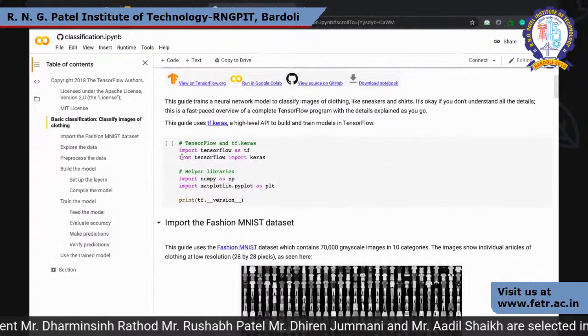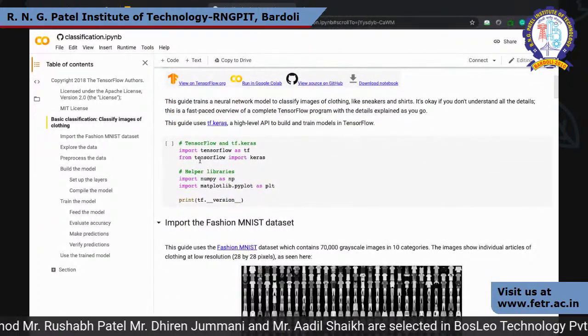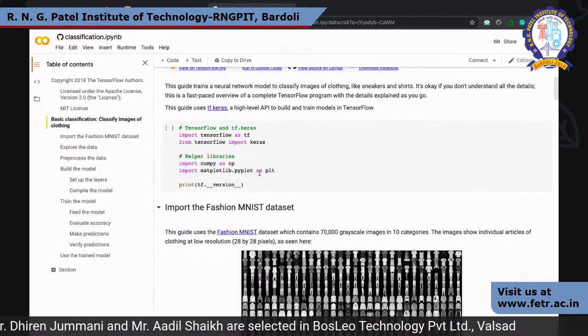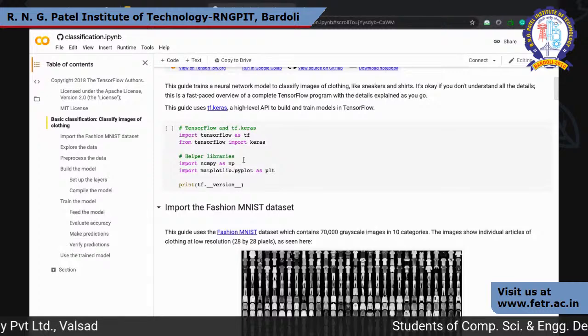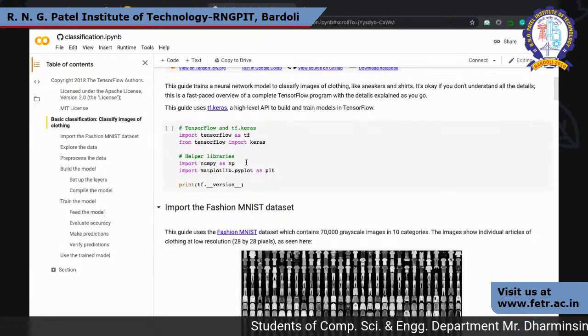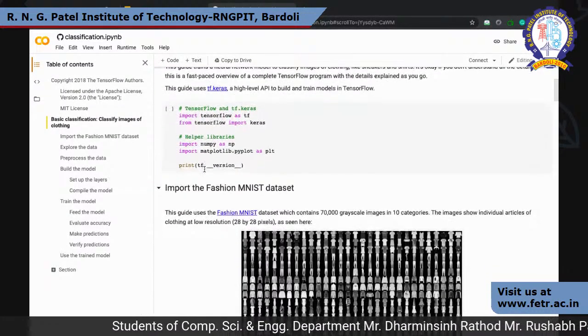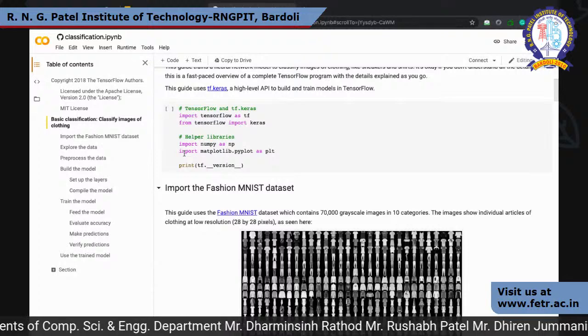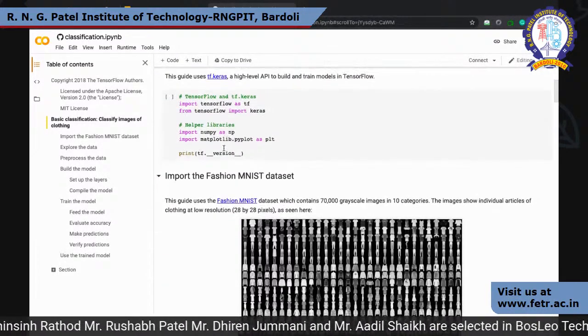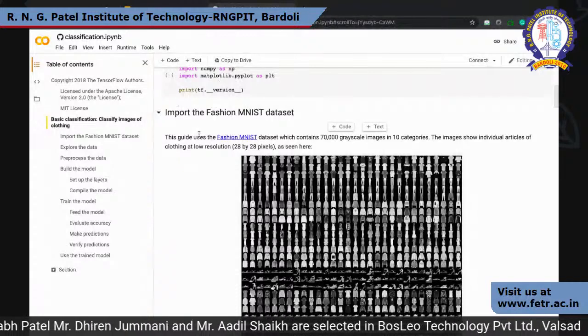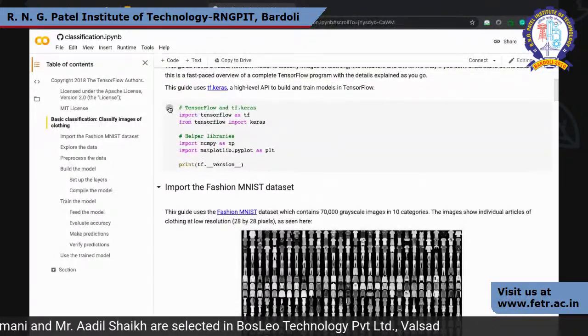What we did in the first part is import TensorFlow and Keras, import NumPy to perform vector operations, and use matplotlib to plot the vectors or images. So the first thing we did is, okay, let me execute this.